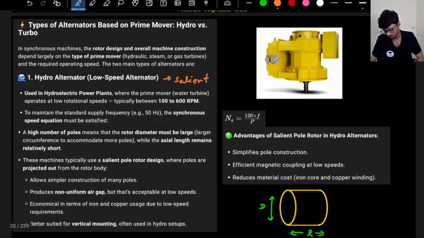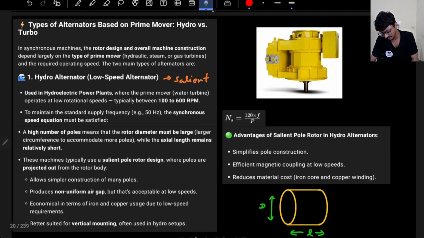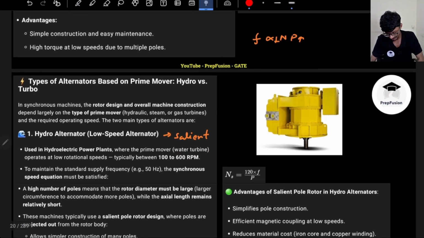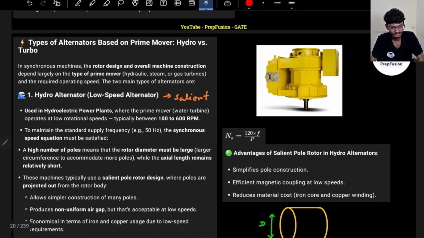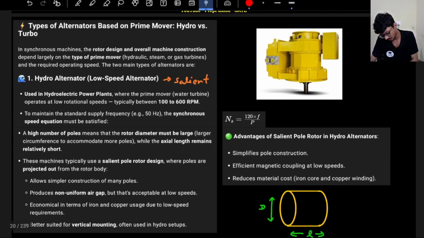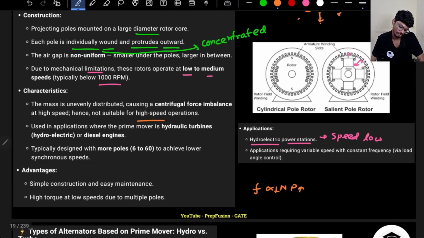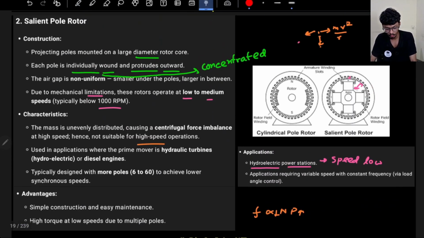Hydro alternators are used in hydroelectric power plants, hence we use salient pole rotors here. The number of poles will generally be higher here. If the number of poles is higher, the rotor diameter must be larger, because I have to accommodate more poles.